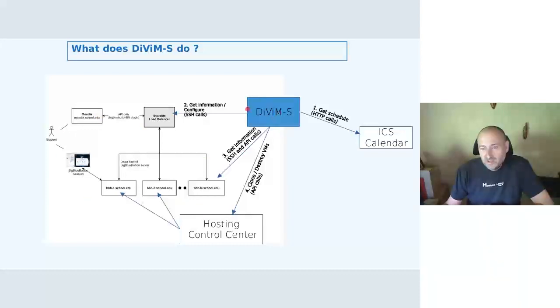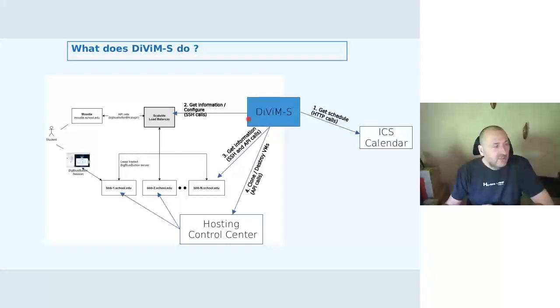DiViM-S is an application that runs on a separate server. And DiViM-S automatically performs actions that are normally done manually by an administrator, or not done at all because you don't have time to. DiViM-S continuously adapts the number of BigBlueButton servers in the pool to the observed load.